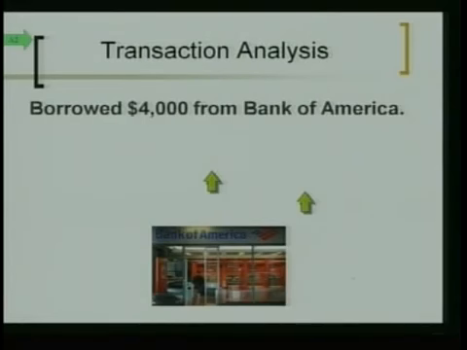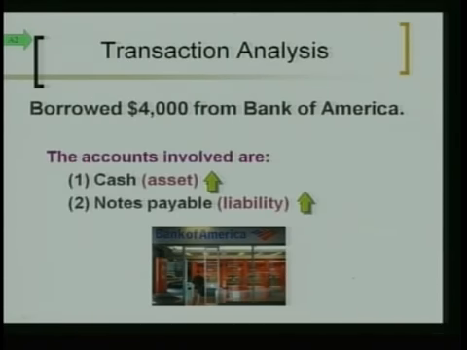We're going to analyze 4 more transactions. Let's say we borrowed $4,000 from Bank of America. So, what would be affected here? Well, cash would go up by $4,000, and a certain liability would go up by $4,000, but it wouldn't be accounts payable.